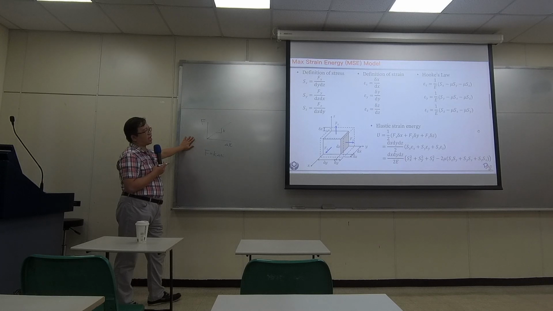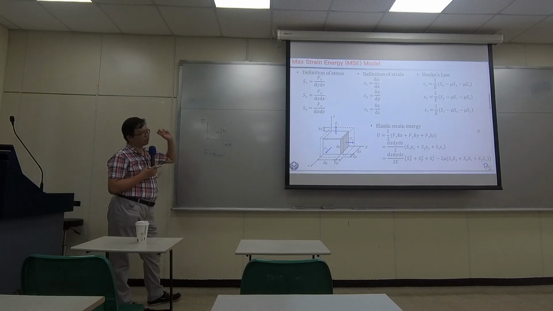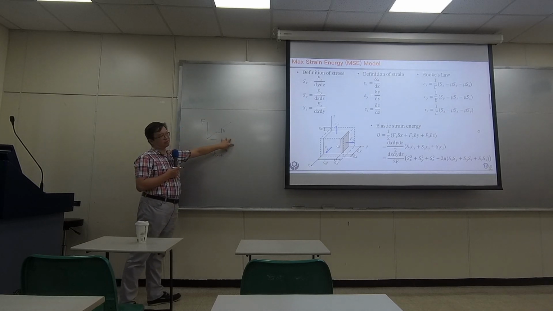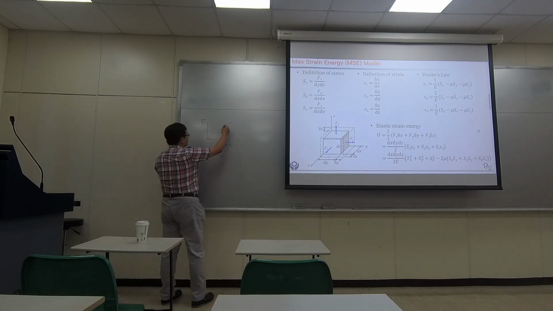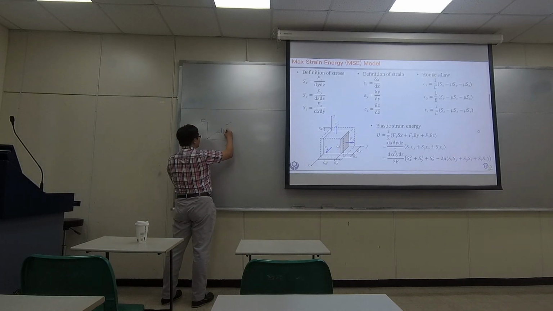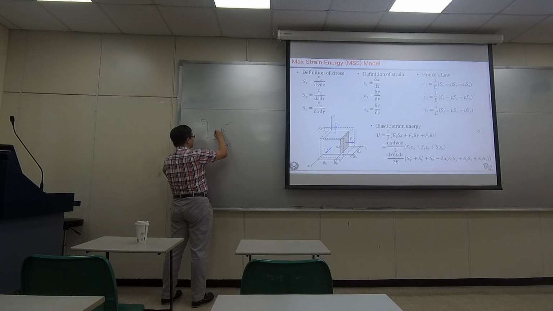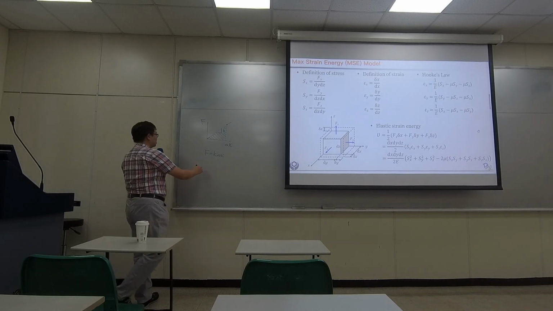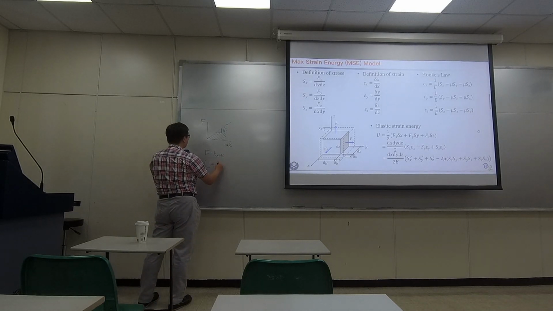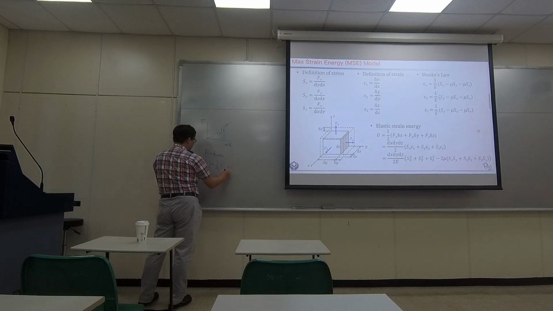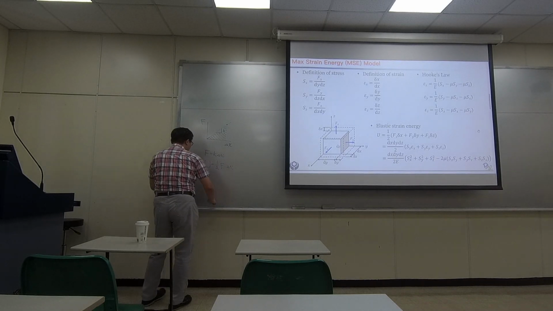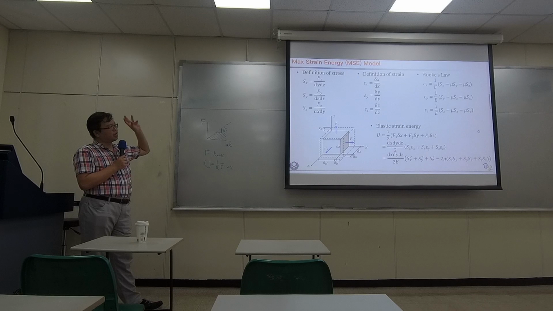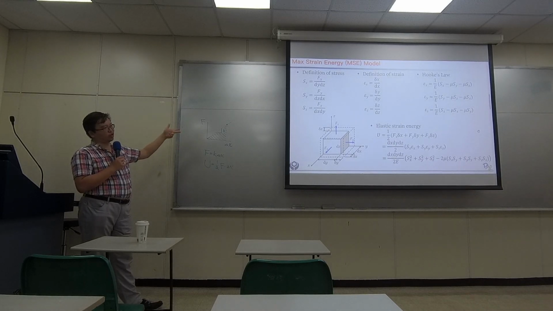So the energy that you apply, or the strain energy you store, is not exactly F times the displacement. If you stop right here, it's actually the area right here. So you can easily tell the strain energy is a half of F times delta x. Okay, so that's how much work you apply, and assuming that work is stored as strain energy.